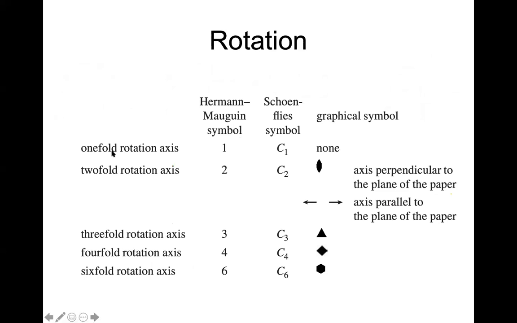So that is 1, 360 by 360. Two-fold rotation, 2. Three-fold rotation, four-fold rotation, six-fold rotation, and so on. In crystallographic symbol, two-fold rotation is like this, and three-fold rotation, four-fold rotation, six-fold rotation, and mirror plane will be just a thick line.